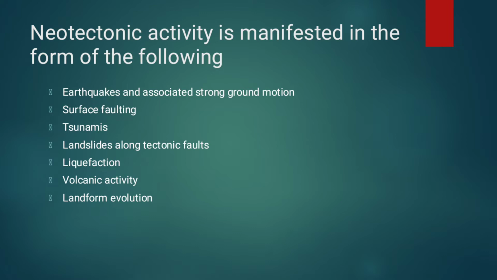Next, Neo-Tectonics is manifested in the following forms. Neo-Tectonic activity is manifested as earthquakes and associated strong ground motion. These are the criteria or conditions for Neo-Tectonics to happen in a particular place.